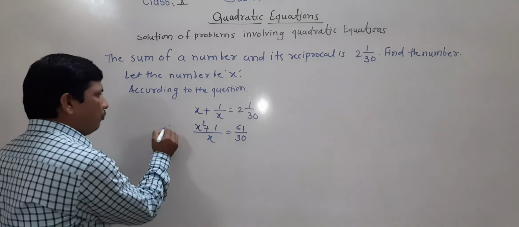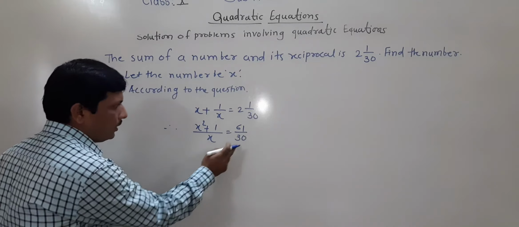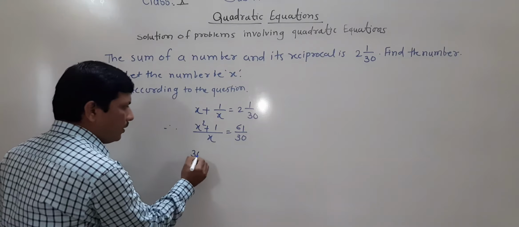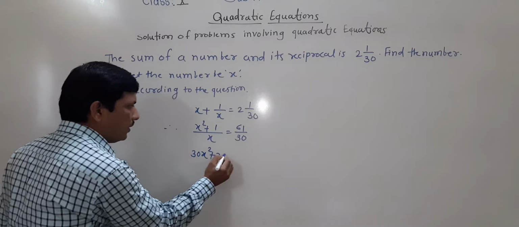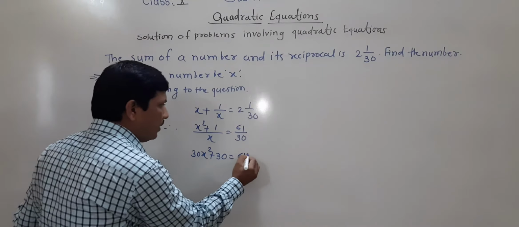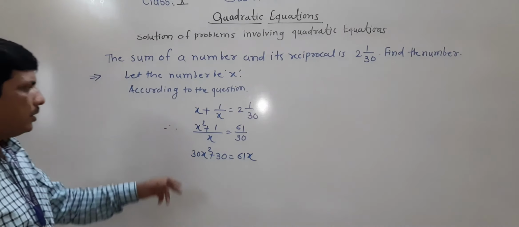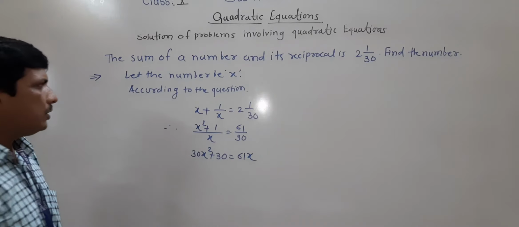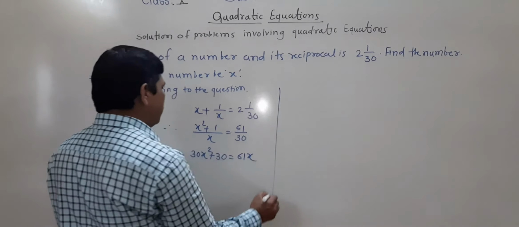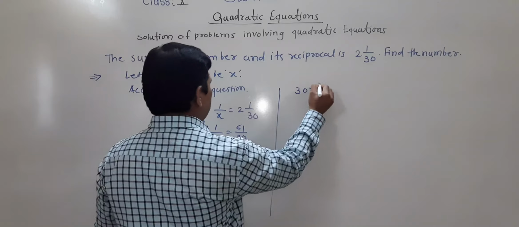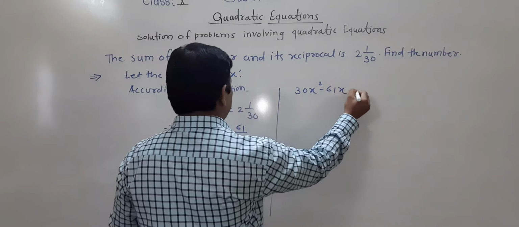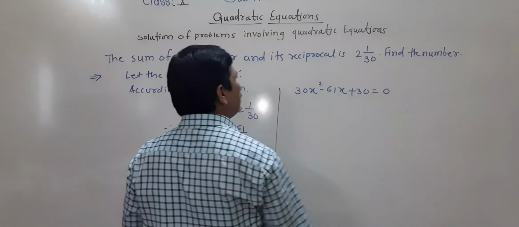Okay, so we will cross multiply here. 30 into x square, 30x square plus 30 is equal to 61x. So I am taking here 30x square minus 61x plus 30 is equal to 0.